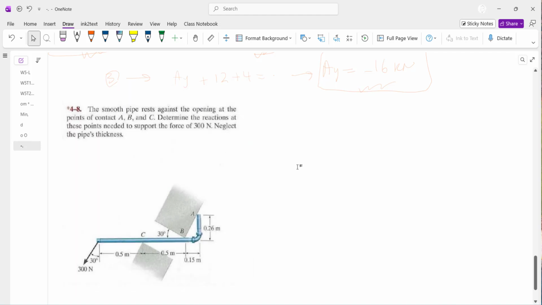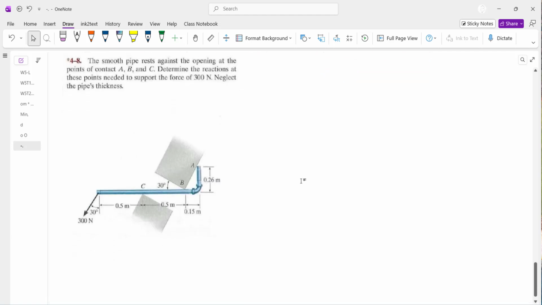One interesting thing with this problem is the type of the support. So if I choose my free body diagram enclosed like this, it means my rigid body is the L-shaped pipe, and I have to free this at point A, I have to free this at point B, I have to free this at point C.